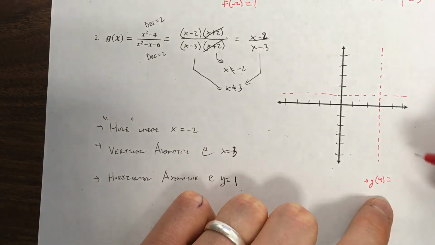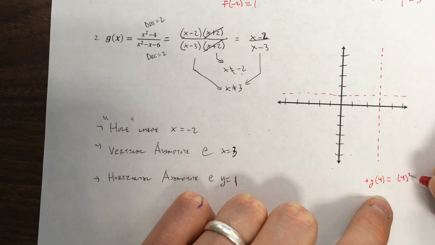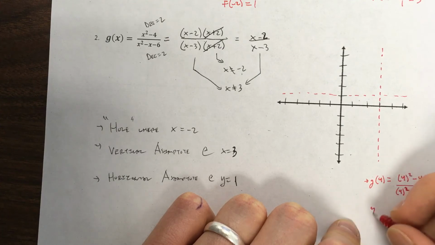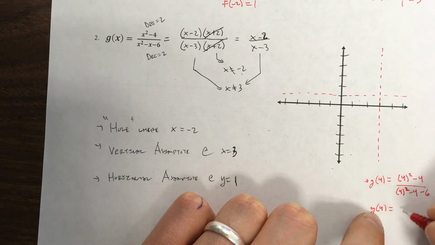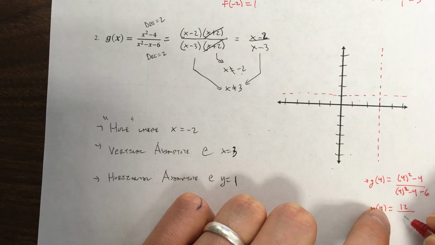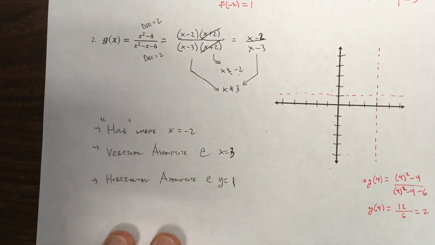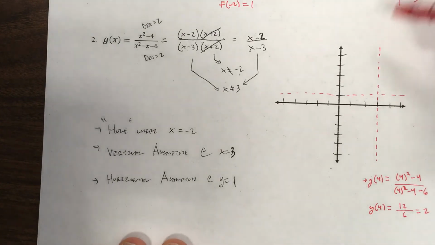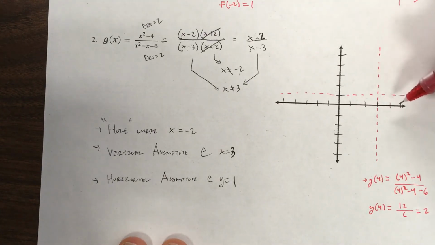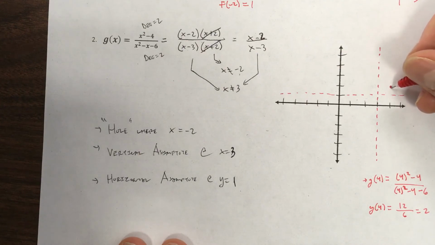If we plug 4 in, we would get 4 squared minus 4 over 4 minus 6. 16 minus 12 gives us 12. 16 minus 10. So we get 2. So g of 4, we got 2. 1, 2, 3, 4, comma 2. So it's going to go through this point.